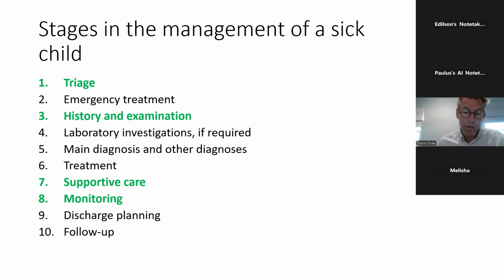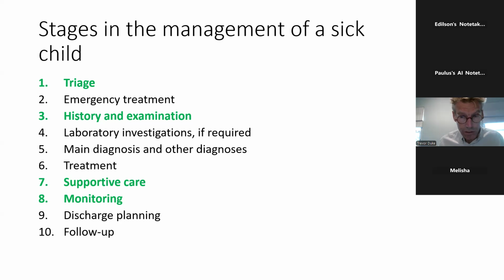Now the child might present and be deteriorating at the time they present. And so at triage, we can detect the child with emergency signs who is deteriorating. Or in many children, there'll be clues in the history and the examination that the child's actually on a trajectory, a pathway of deterioration, and we need to detect that.